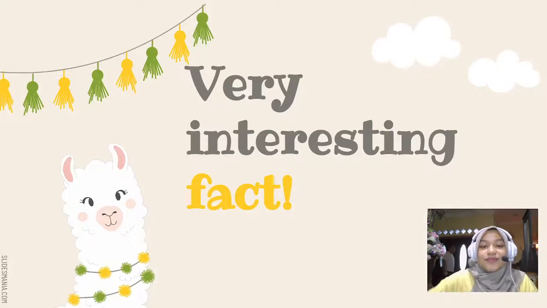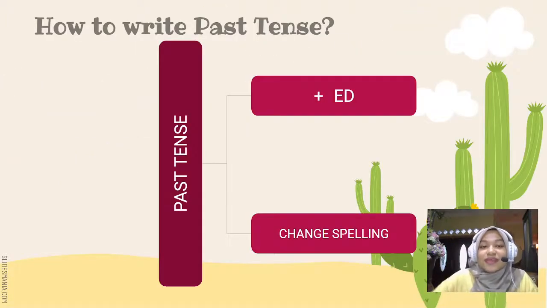Okay, so it's actually a very interesting fact. But remember, if you want to write past tense, there are two rules. The first one, we put ed, but it can also change the whole spelling of that verb. So what add ed and change of spelling mean, I will show you now. Make sure you listen carefully and focus on this topic.